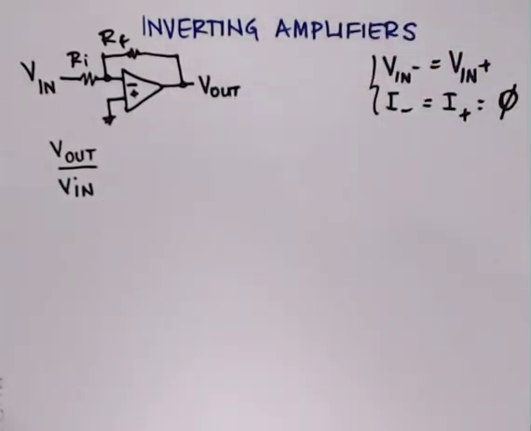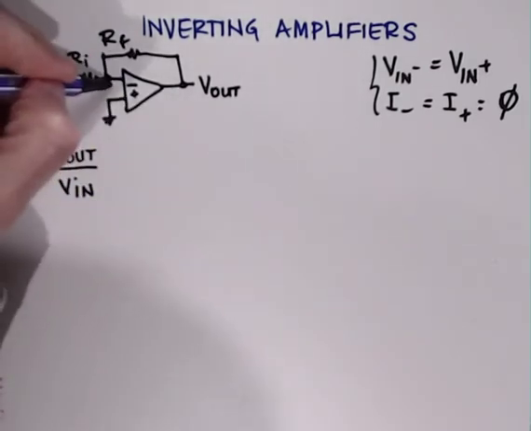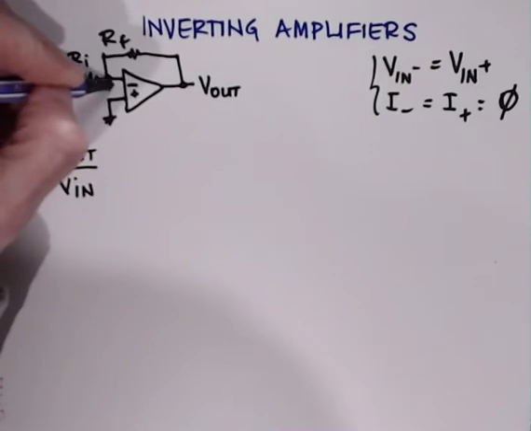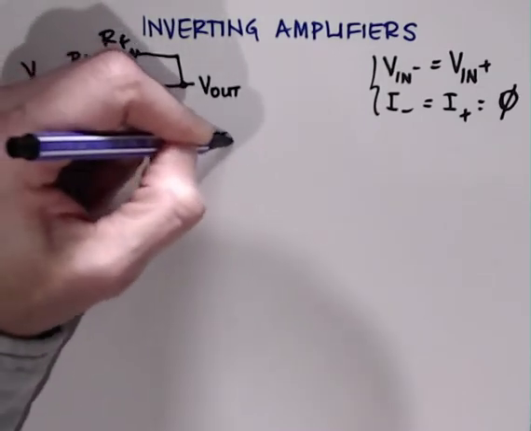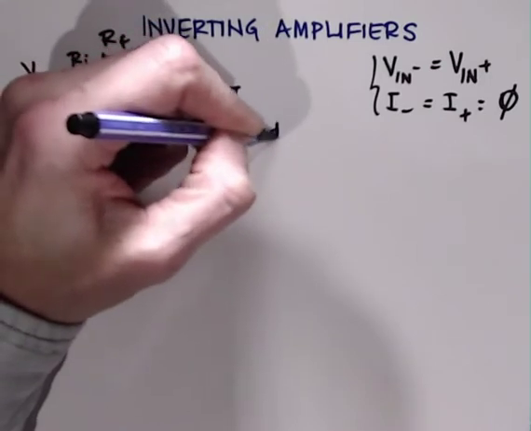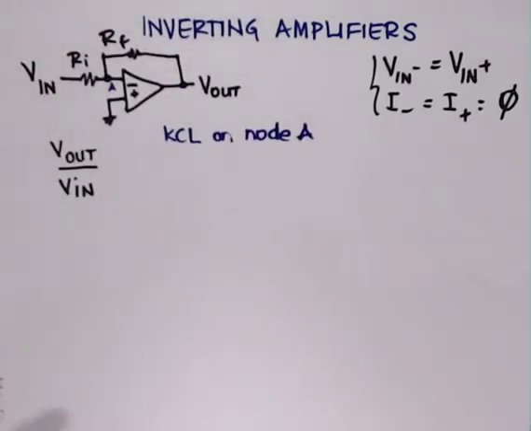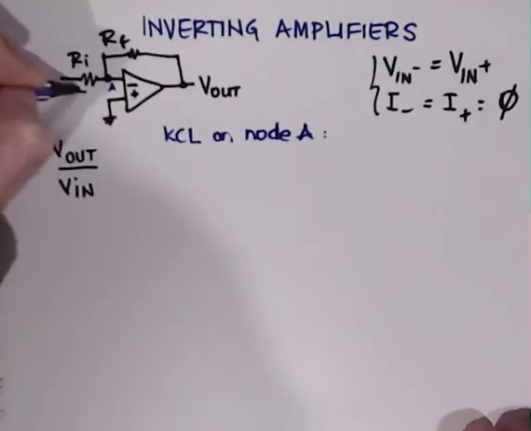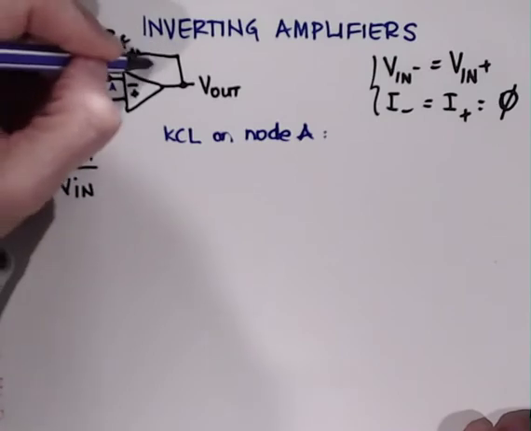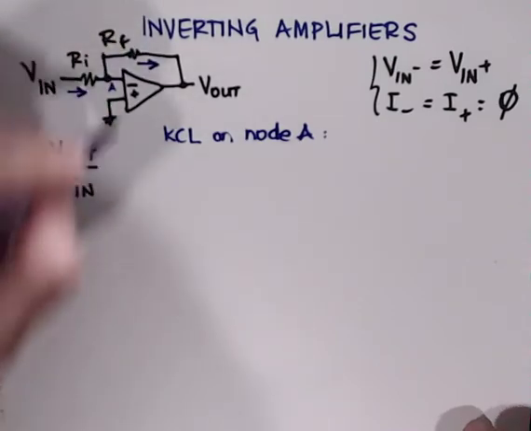So now we want to apply KCL on V in minus. So I am doing KCL, Kirchhoff's current law, on node A, which is the current in equals the current out.